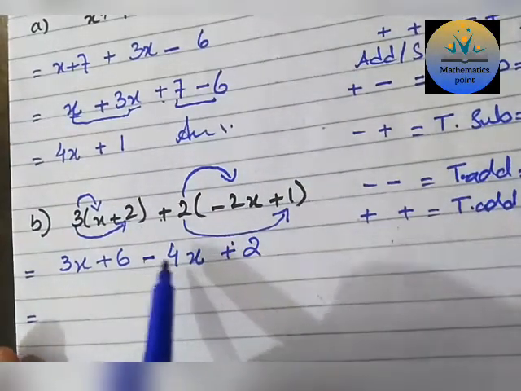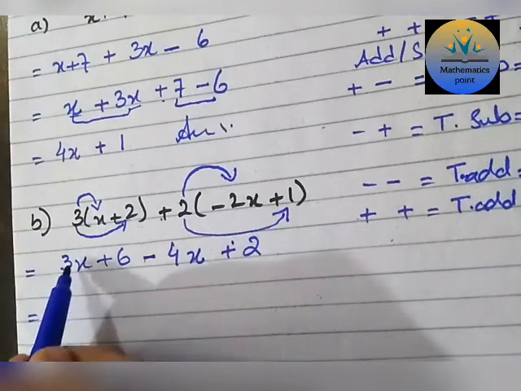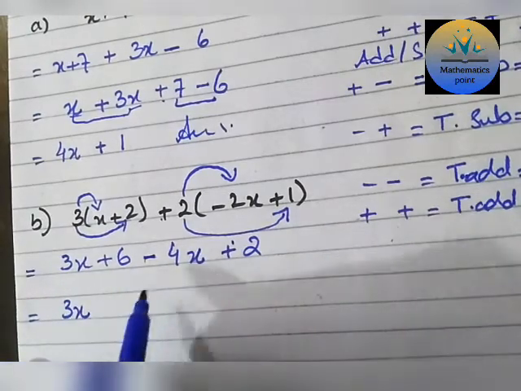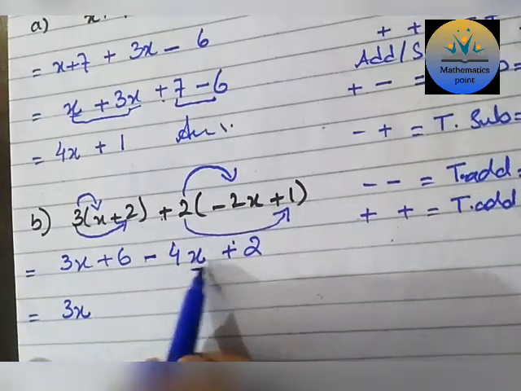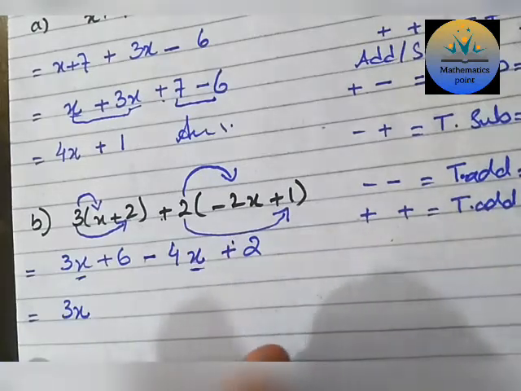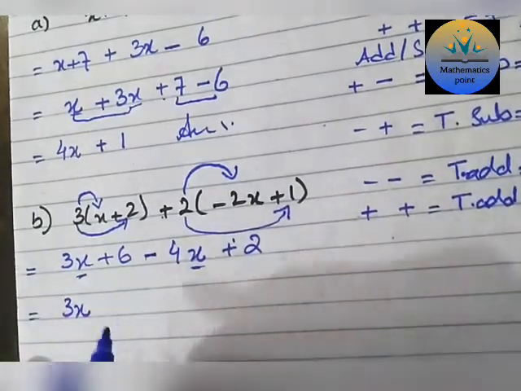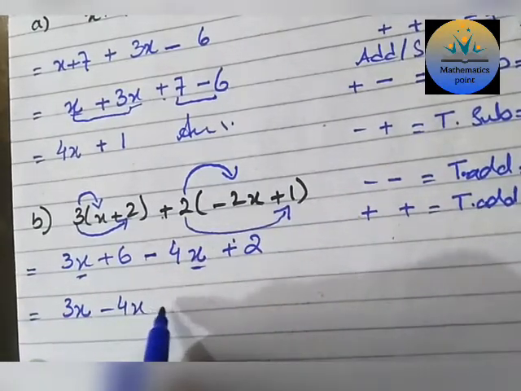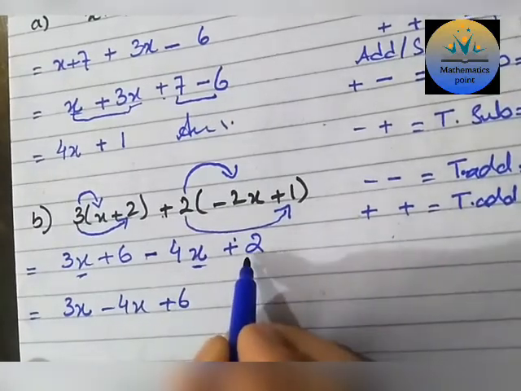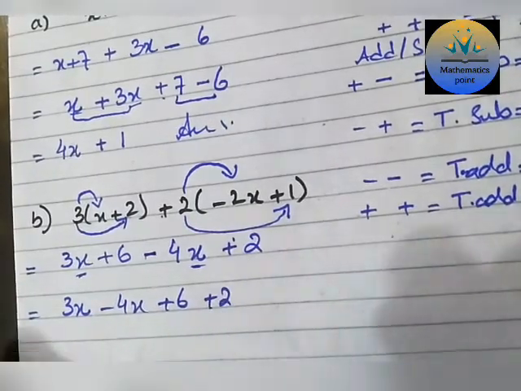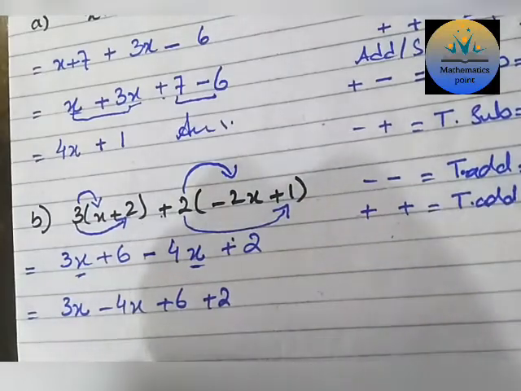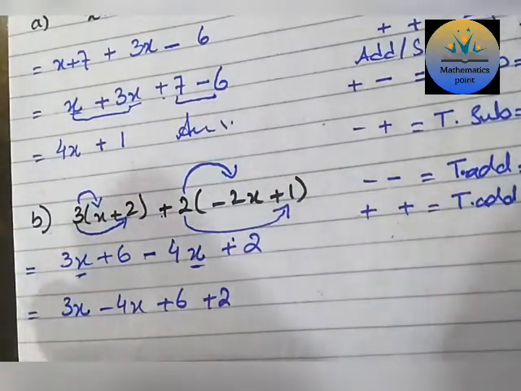Now we write down the terms with the same variable together. 3x and then what is the other x term, because only x terms can be solved together and constants together. So minus 4x, then 6, and what is the other constant term? Plus 2. And again students, a constant is a term in which no variable is involved.